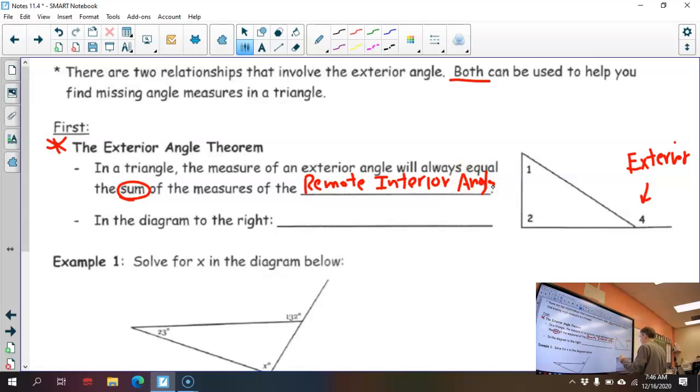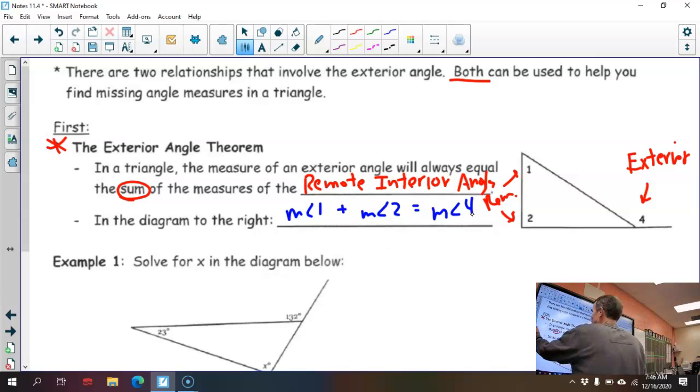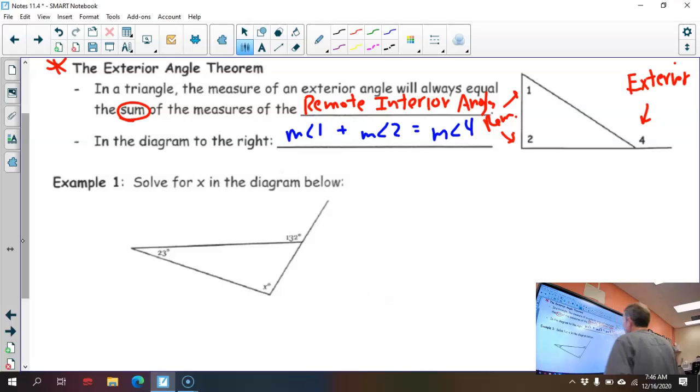And of course, we know that these guys are the remote ones. So in this diagram, that means that the measure of angle 1 plus the measure of angle 2 will equal the measure of angle 4. When I add angle 1 and angle 2 together, I get the measure of angle 4. It's easy enough, right? Let me show you a quick example that uses that, and we'll move on.